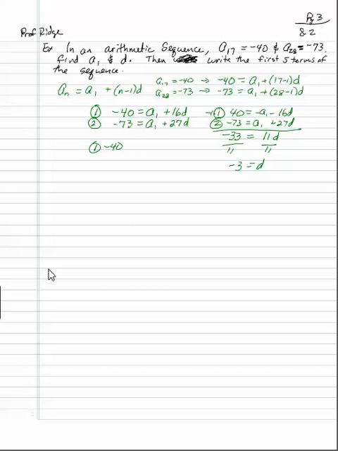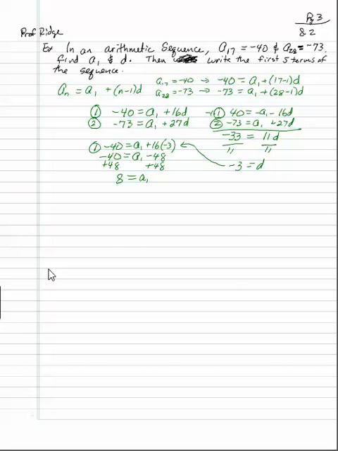Negative 40 equals A sub 1 plus 16 times negative 3. That's negative 48. Add 48 both sides. So A sub 1 equals 8.